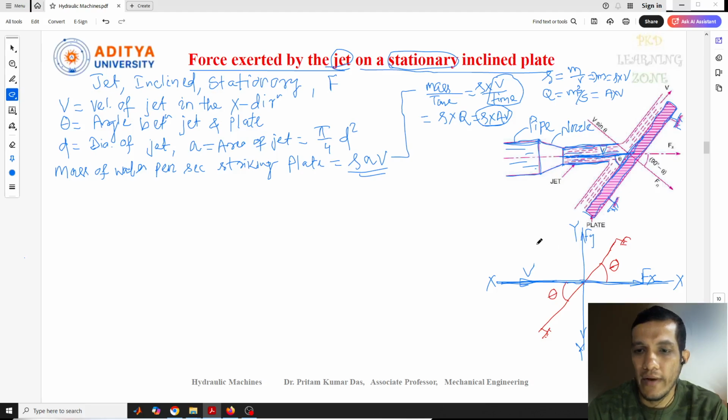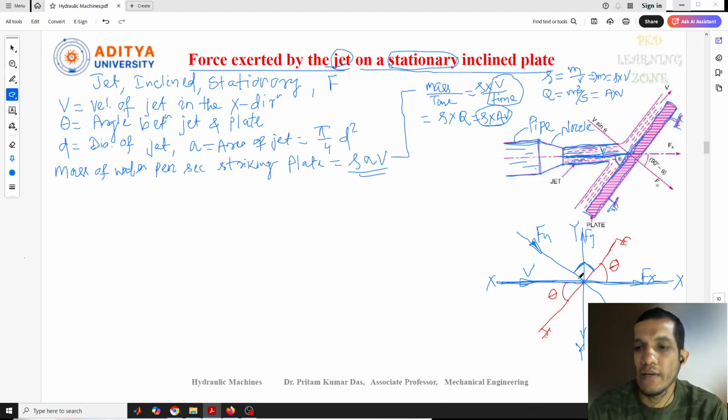So first we'll find out the normal force which is acting on the plate. Suppose this is the normal force, and we give it as Fn. Obviously it will be perpendicular.